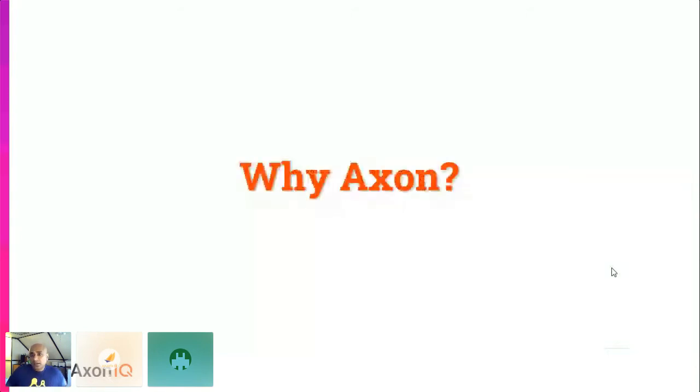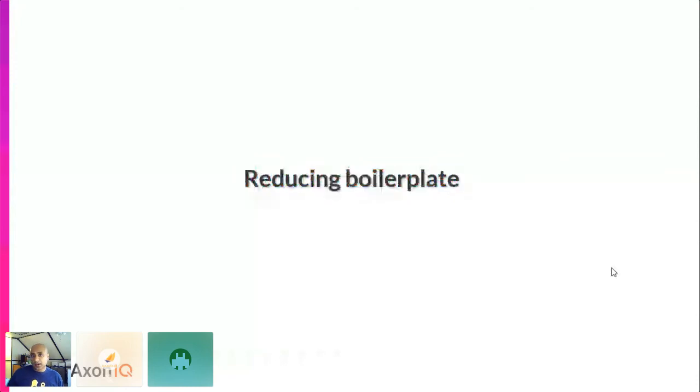Okay. So let's talk about why Axon. Believe me, I say this from a realistic perspective, because I've done CQRS and event sourcing without Axon and I've done it with Axon. And it's a world of difference. As I mentioned, you can do all this stuff by yourself.